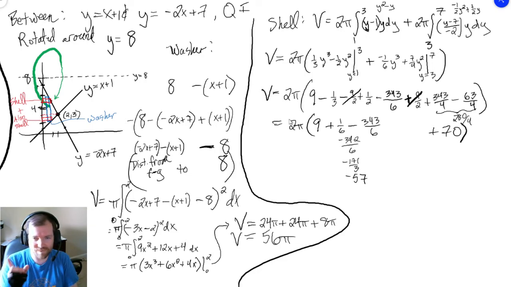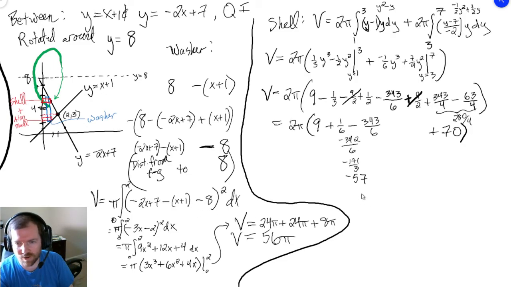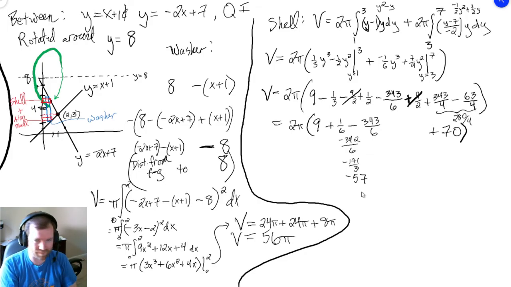Alright, so then negative 57 plus 9 plus 70 is going to be a positive 22. Alright, hang on. 342 over 6 is 57.